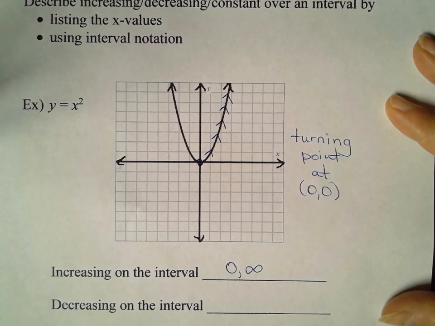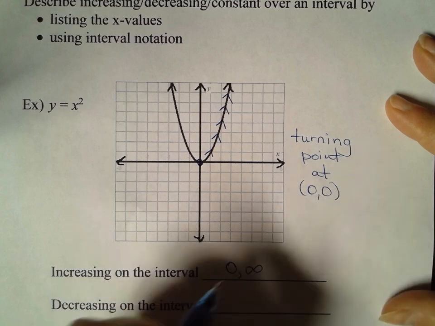Okay, and we're going to use interval notation. So from 0 to infinity, the graph is increasing. In this interval notation, it really doesn't matter whether you include the turning point or not. In all honesty, I should have checked. I'm not sure what your book does. So it's your choice. You have the freedom here.